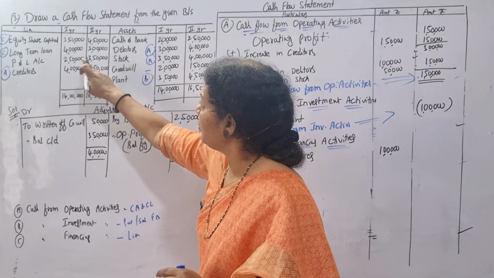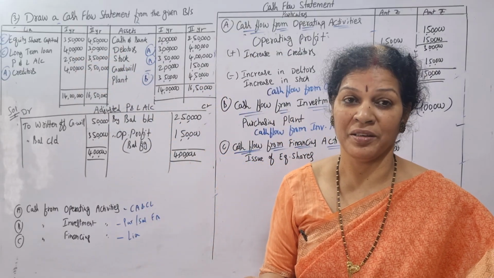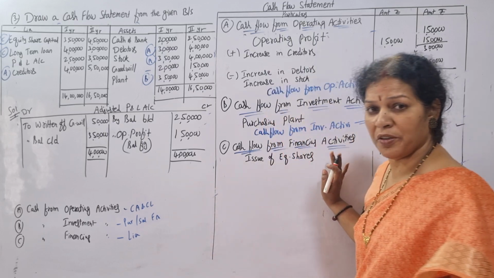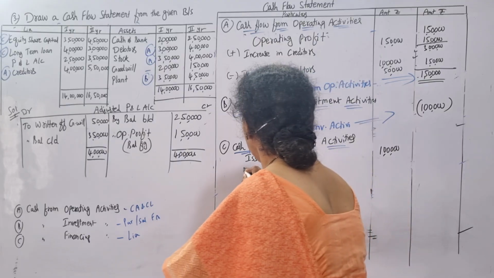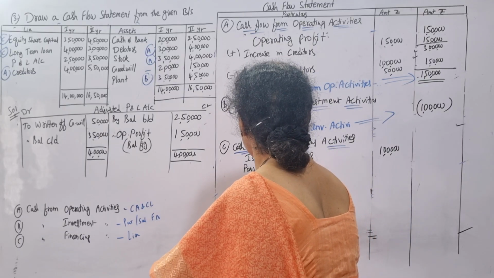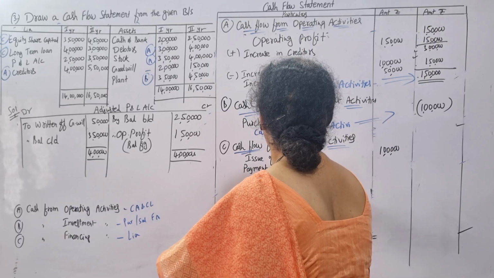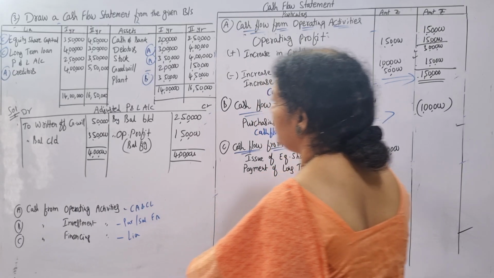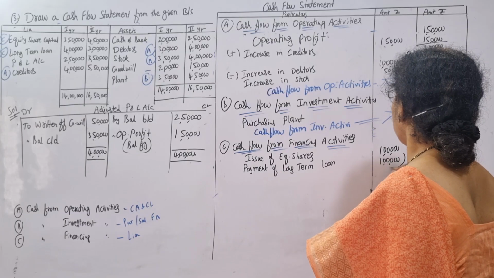Next, what else? Long-term loan is decreasing. Decreasing means we are paying. Payment of long-term loan. Whenever you are paying, it is cash outflow, negative. Long-term loan, it is 1 lakh, so this is negative.